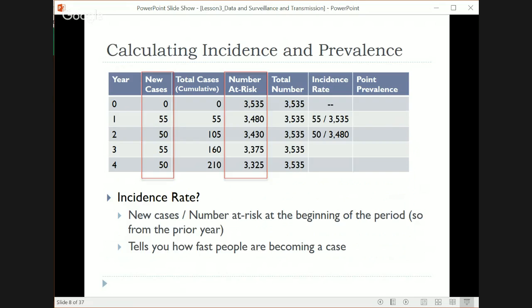So to calculate the incidence, you take your numerator over your denominator. So 55 over 3,535 in year 1. In year 2, we have 50 over 3,430. And again, an incidence rate is going to tell you how fast people are becoming a case.